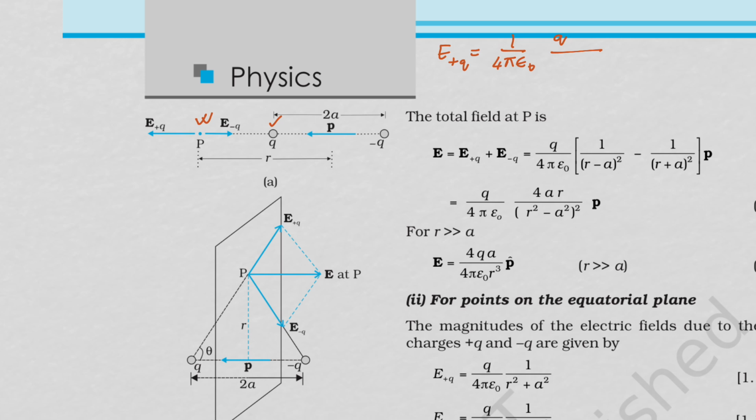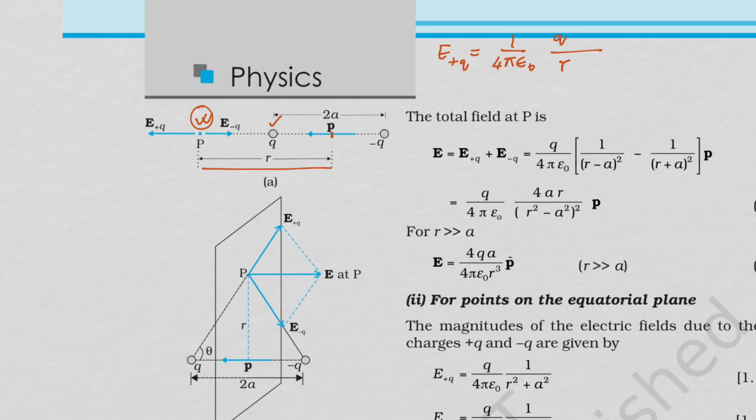And this distance is R minus A, because R is the distance from that point where we want to find the electric field to the center of the dipole.